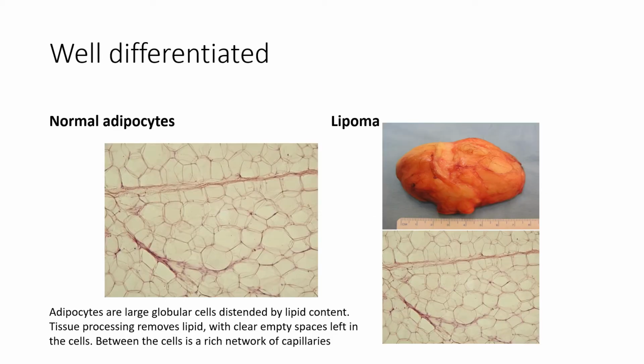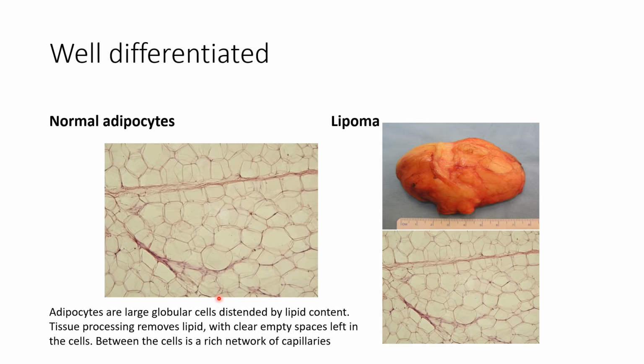Now we look at the concept of a well-differentiated neoplasm. First, we look at normal adipocytes. Adipocytes are large globular cells distended by lipid content, and in between them, they have a rich network of capillaries. Now we look at the lipoma, which is a benign neoplasm of adipose cells.